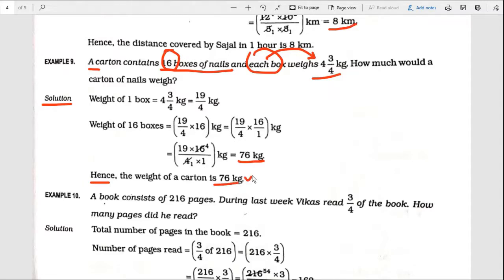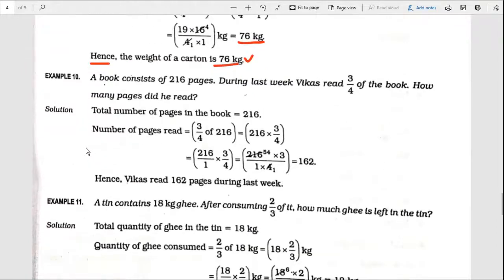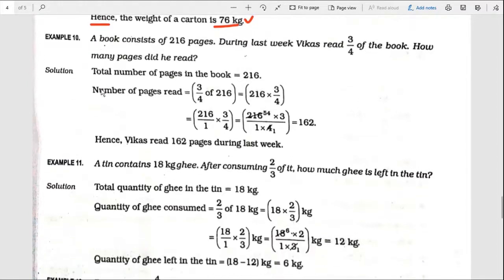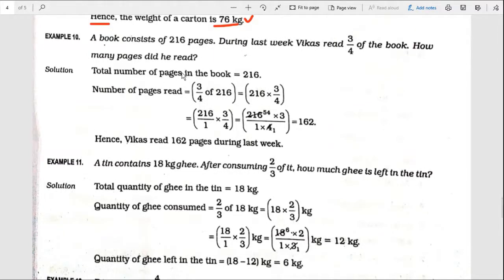In example number 10, a book consists of 216 pages. During last week Vikas read 3 by 4 of the book. How many pages did he read? Total number of pages in the book is 216.